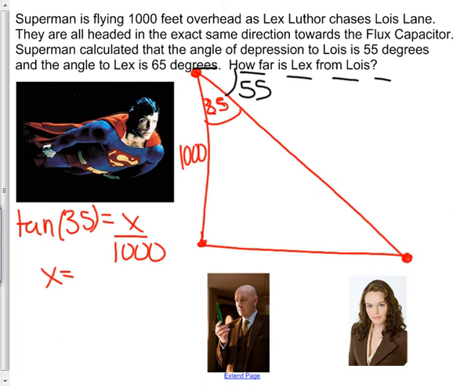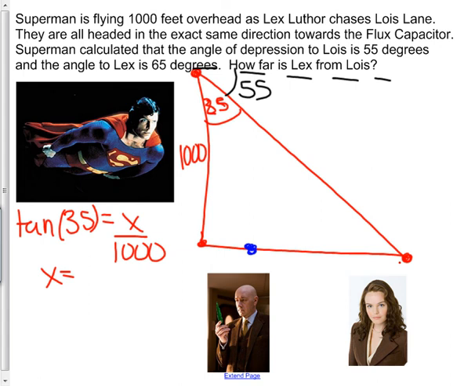What does x come out to equal? Yep, so what we're going to do is find out the total distance. So that's where Lois is. And then the second part is we're going to figure out where Lex is. And then that will give us this distance, so we'll subtract them to see how far apart they are. But we're going to first work step by step.